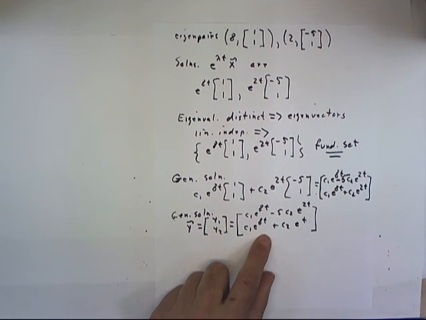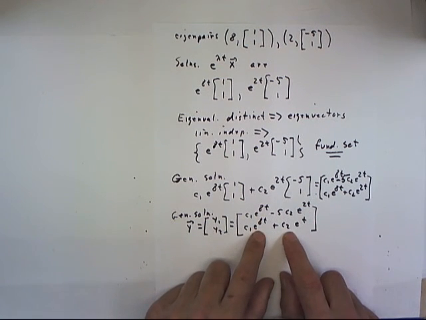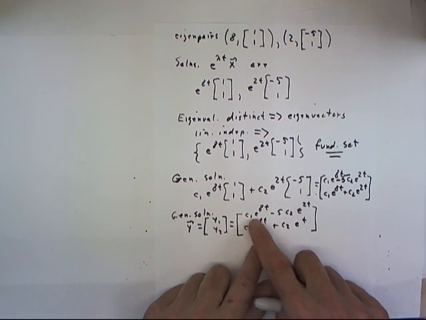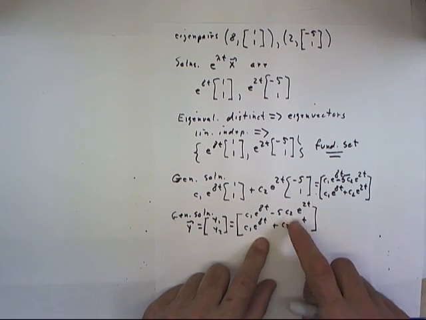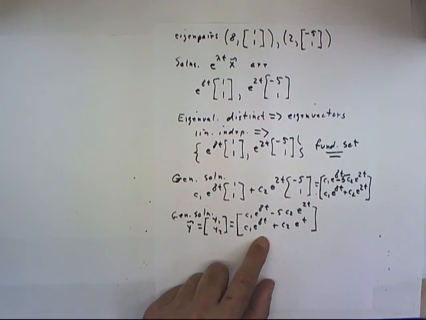And this is our general solution. Any solution has to be of this form with some pair of constants, C1 and C2.